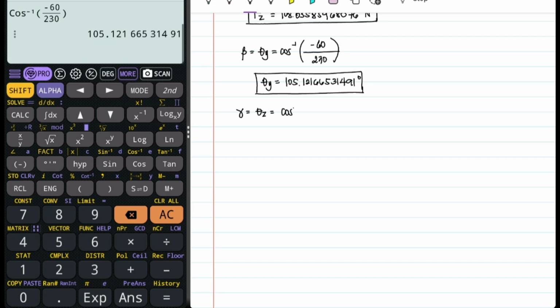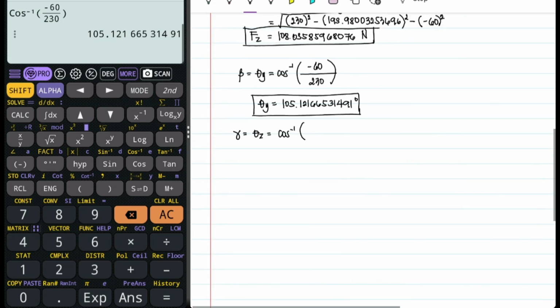For our gamma, or theta sub z, it is equal to the inverse cosine of our calculated f sub z, that is 108.03585968076, divided by the value of our F, which is 230. So we input that in our calculator.